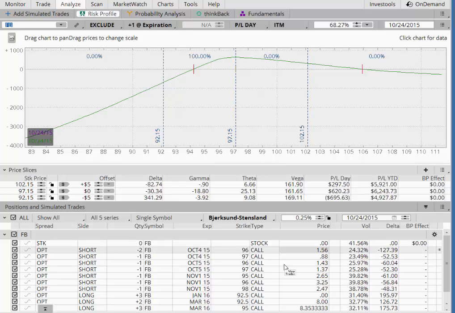Now you may notice, if you study these things, that we actually started out with calendar spreads, but over time we switched the short positions to strike prices that are sometimes quite different from the long calls that we have, and that makes them diagonal spreads rather than calendar spreads. But diagonal spreads are pretty much the same as calendar spreads, except the strike prices aren't exactly the same.